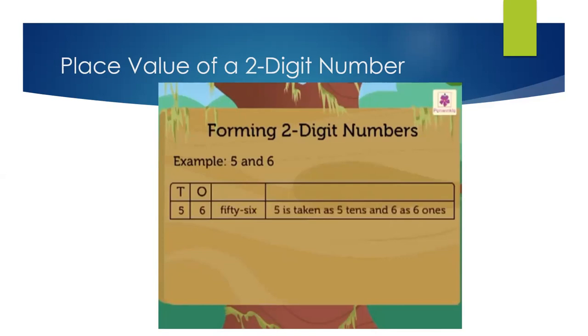Here, 5 is taken as 5 tens and 6 as 6 ones. Now, let's interchange the digits. Look, we got the other number 65. Here, 6 is taken as 6 tens and 5 as 5 ones.